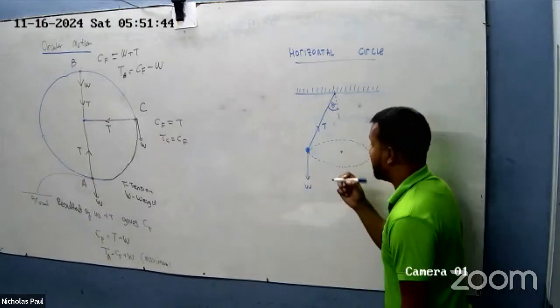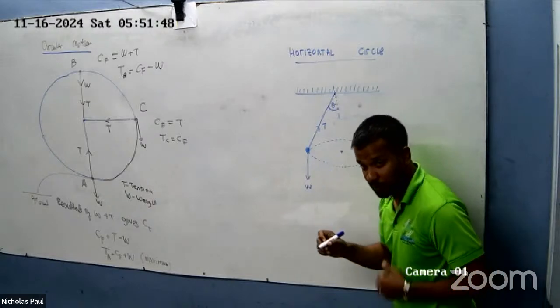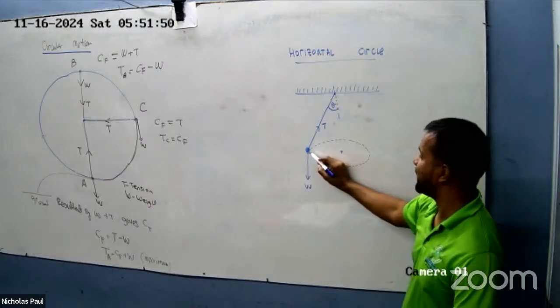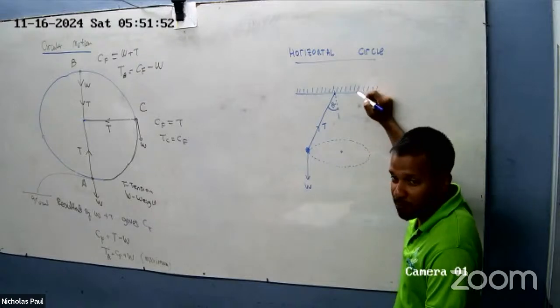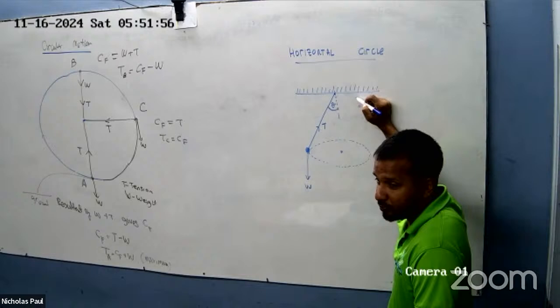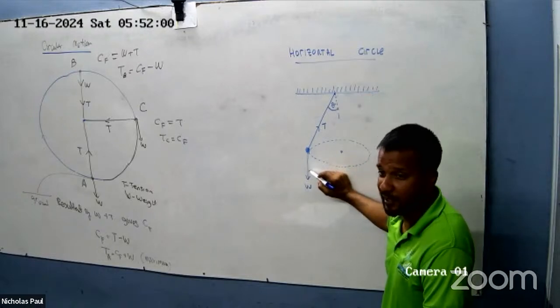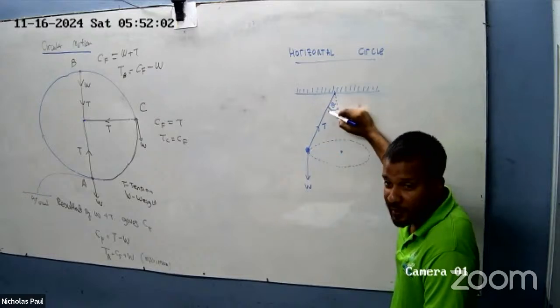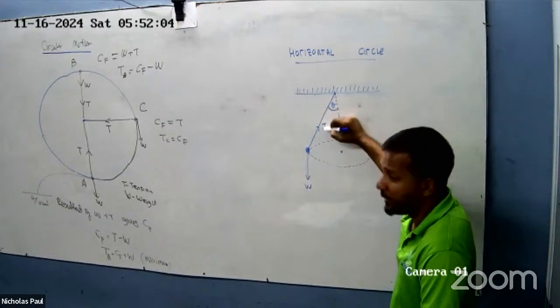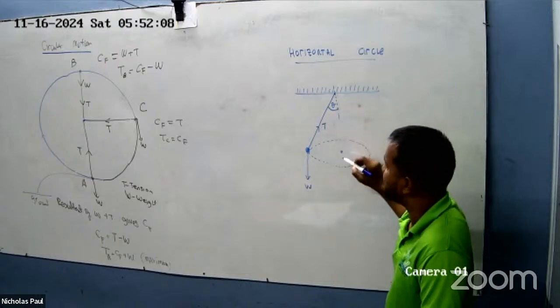But the horizontal circle is here. So what's the force acting toward the center here, Jacob? Is it the weight? No, because the weight is acting vertically downwards. So it has to be something to do with the tension.